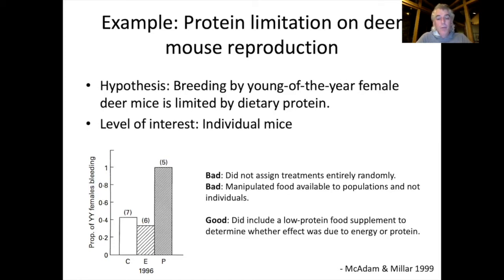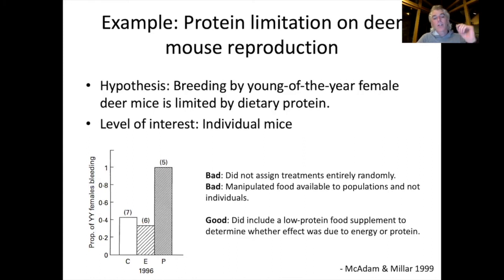The second way in which this experimental design was not ideal is because my question was at the level of individual mice, but I wasn't able to manipulate the availability of food to individual mice because I couldn't feed individuals without having the food be available to other individuals in the population.